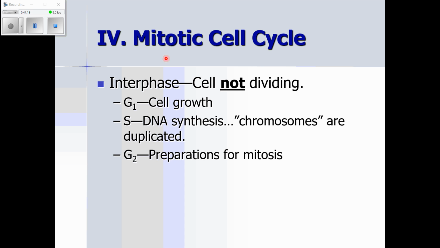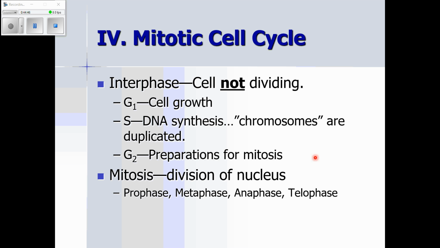Okay, so just to recap, interphase is when the cell is not dividing. Interphase is made up of three subphases. G1 is when the cell grows. S is when all the chromosomes are duplicated or copied. G2 is when preparations for mitosis are being made. Remember, G2 is when the cell gets ready to divide.